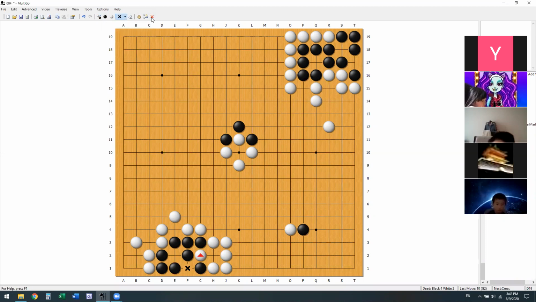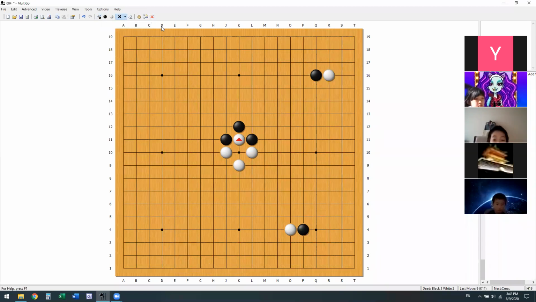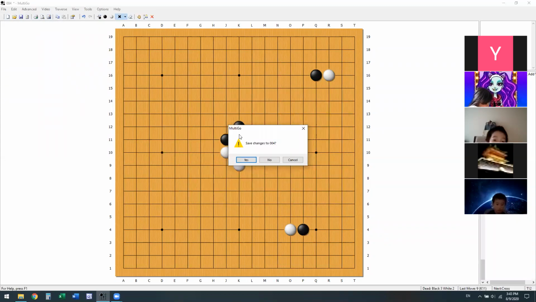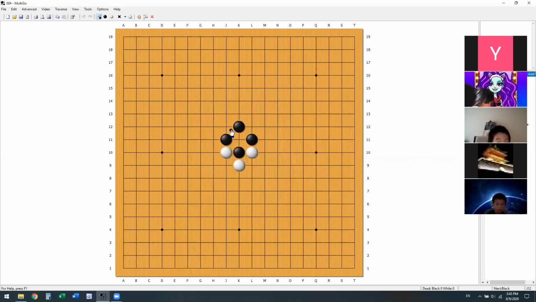But it is a ko because... Okay, so black has one eye, but the second eye depends on this ko.